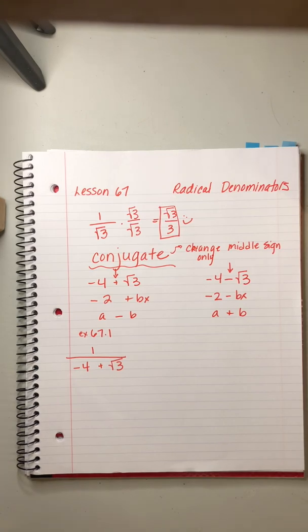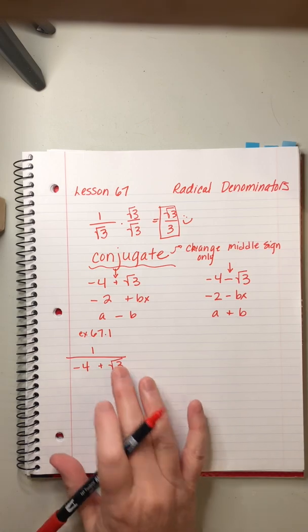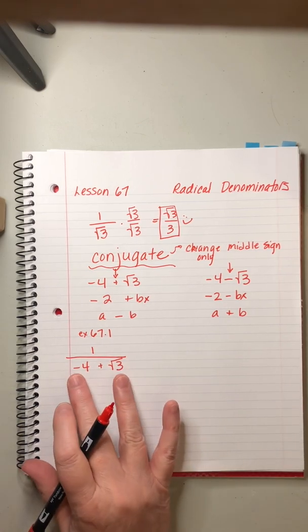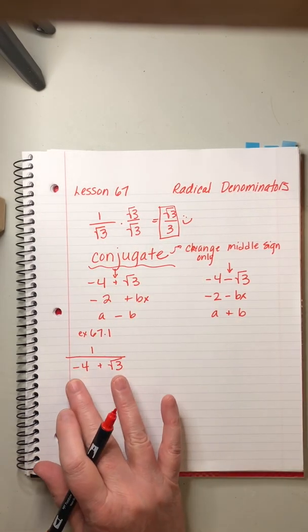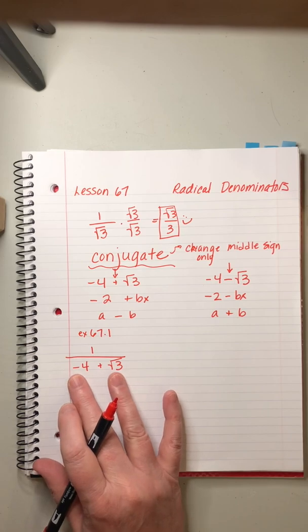You might want to warn your math mammals ahead of time so that they're emotionally prepared for these alarms and sirens, because it's going to be a little triggering, dare I say. So spread the word. But you can see that when those alarms go off and we realize we have a radical in our midst, a radical in our denominator, it's not as simple as this to get rid of them, because we have a binomial.